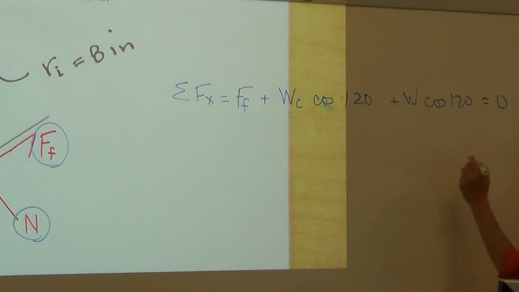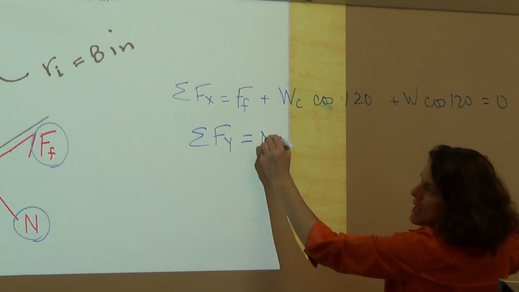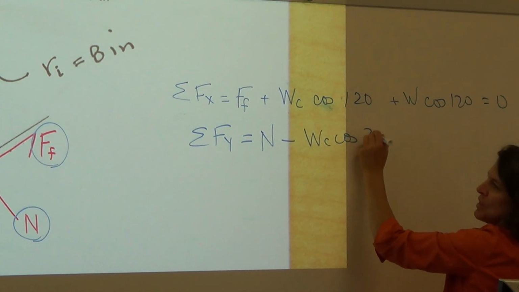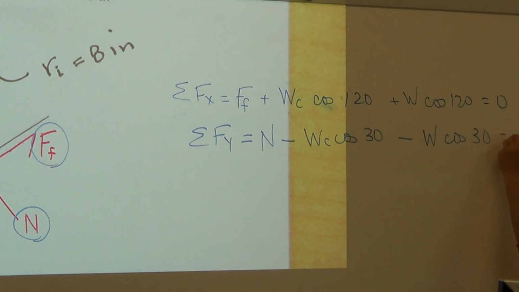Sum of forces in the y equals N minus WC cosine 30 minus W cosine 30 equals 0.